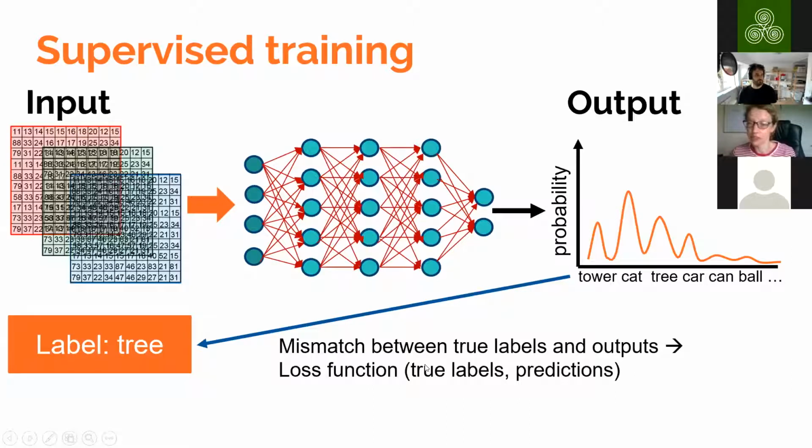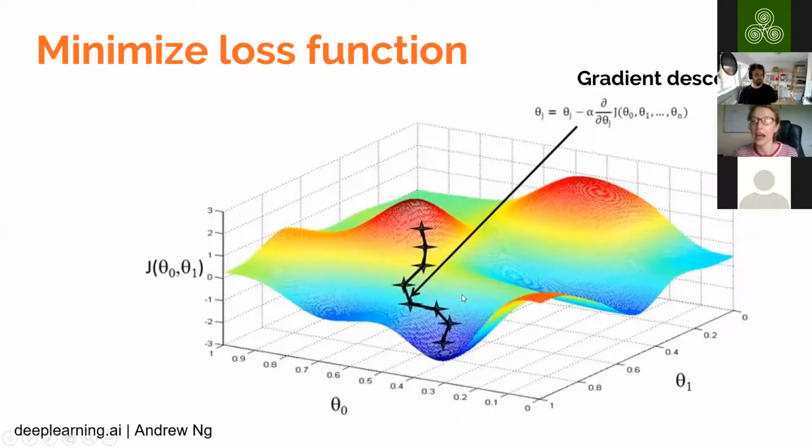And we define a mismatch between those true labels and the outputs. That mismatch we call a loss function. The loss function can be defined differently. And there is a whole course which explains that in detail, about gradient descent and optimization of the loss function. It is the course of deeplearning.ai by Andrew Ng. In that course, you can see that in detail, but in 2 words, you actually minimize the loss function by tuning the parameters of your model.